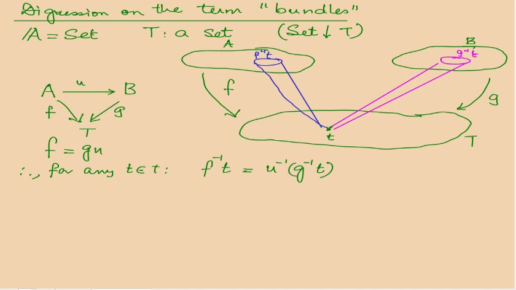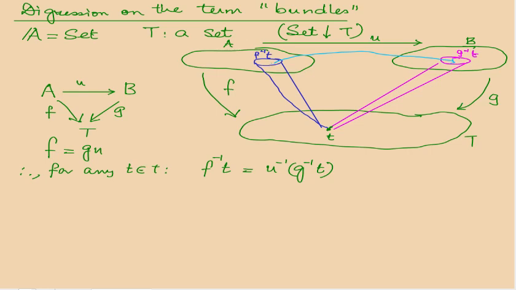That means this function U which you are taking, the demand of this commutativity is saying that each such bundle is taken to the corresponding bundle over here.